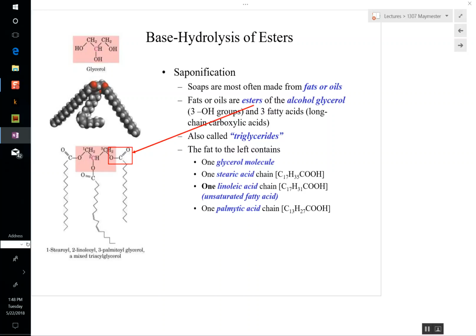Folks, this stuff is floating around in your bloodstream. It's called triglycerides. If you go in and get a blood test and they check your cholesterol, they check your LDL, your HDL, your triglyceride level. They check all those things in your blood.